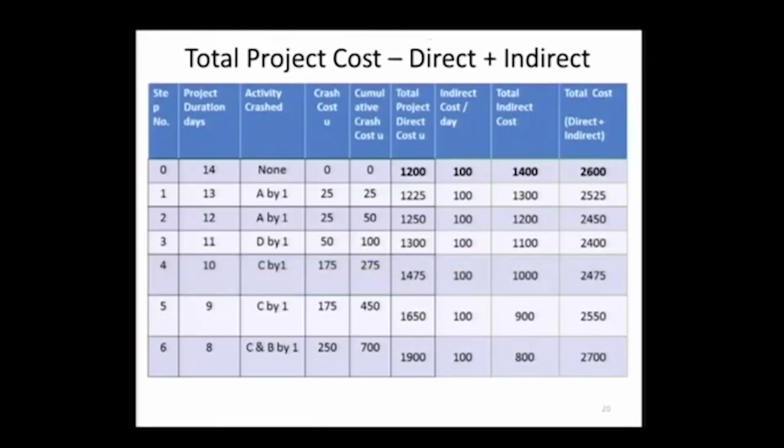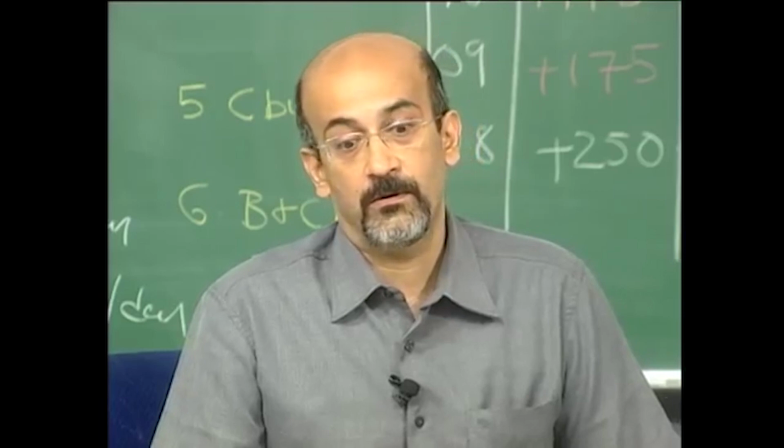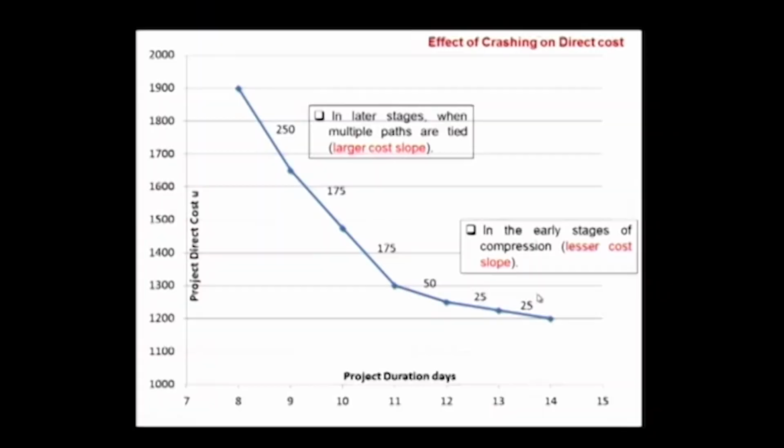I am going to go back to this graph. What is the relationship between my overhead cost value and my cost slope value? Can you quantify? See here, right now the cost of 1 day of crash is 25.